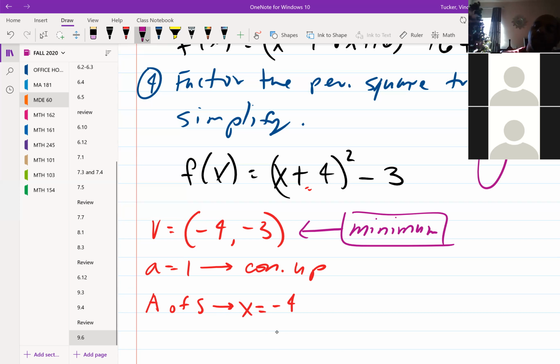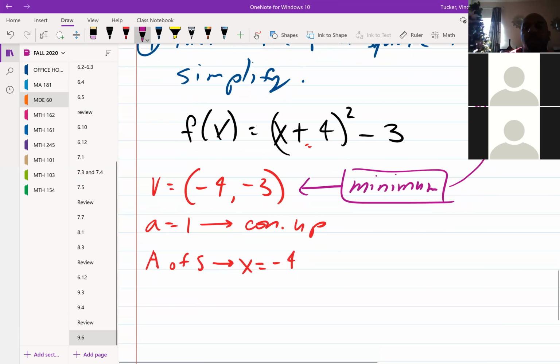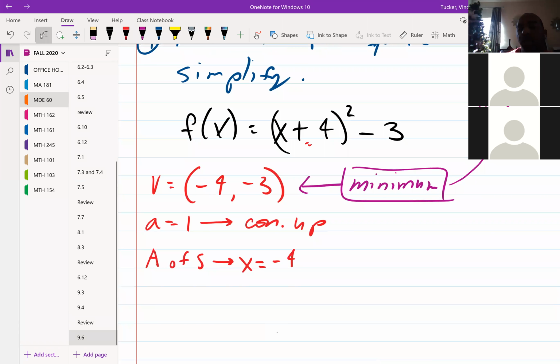Remember, if it's concave up like that, that means the vertex is the smallest value. Questions before we do another one?